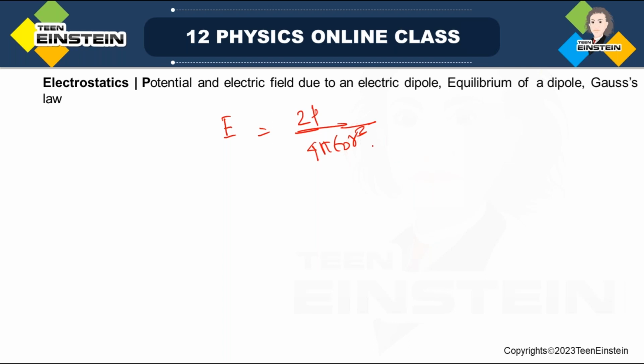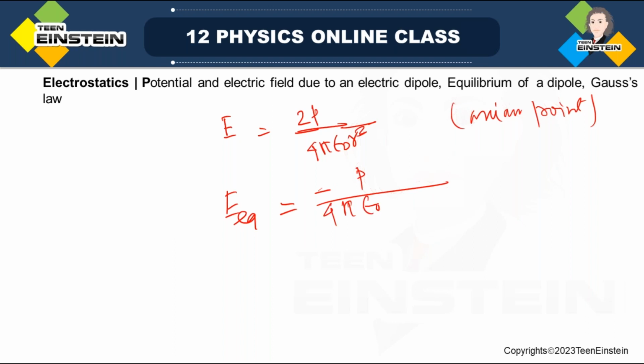That is due to the axial point. Axial point. Electric field at the equatorial plane will be minus p by 4 pi epsilon naught, this is also r cube. Both are r cube.